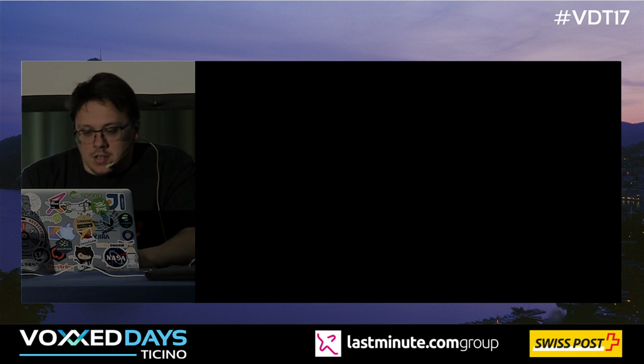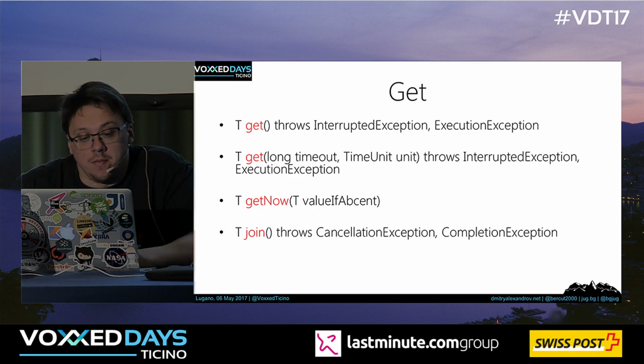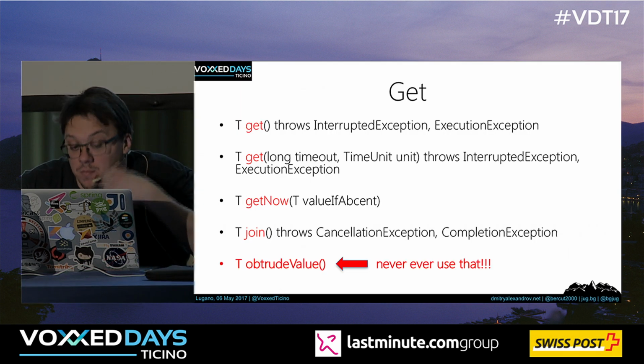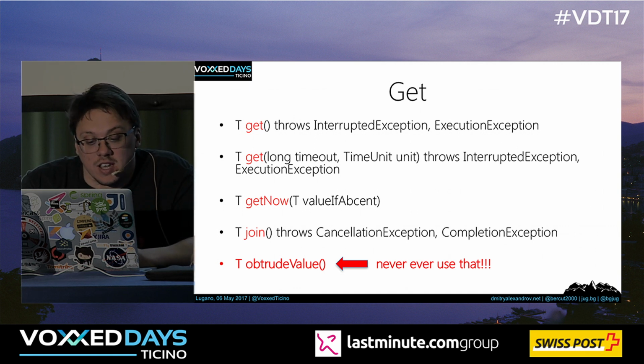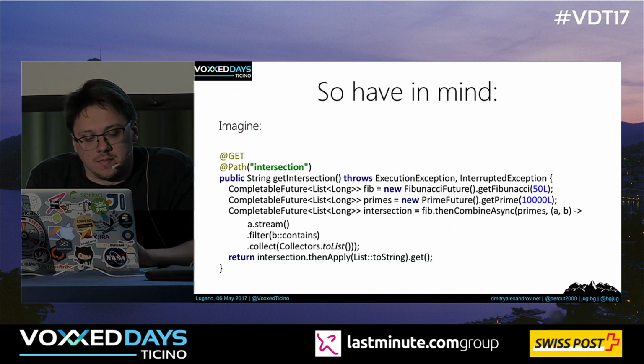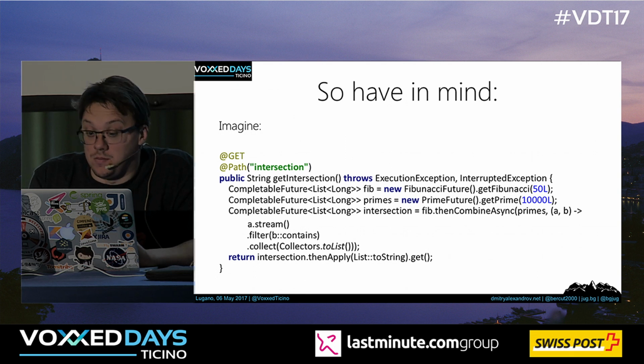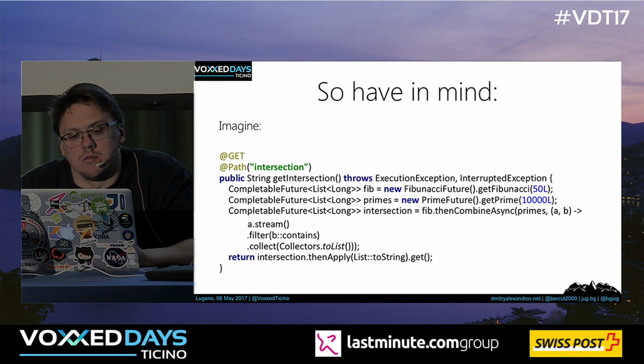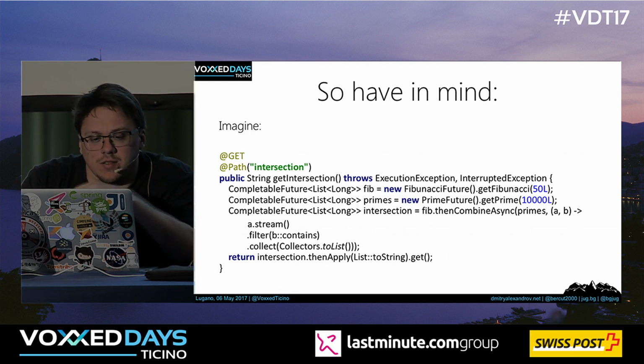Okay. But get is still there. Another option is to obtrude the value as it is, but get is not a good idea. For example, you have a REST service, and you have to calculate some values and return them.